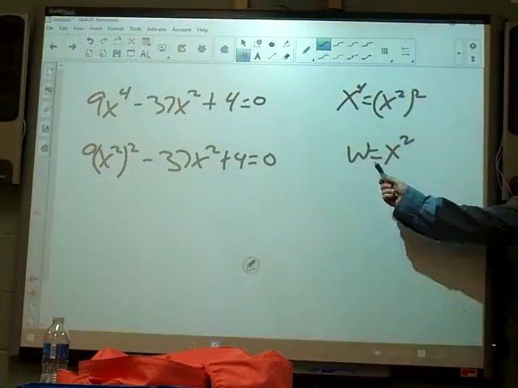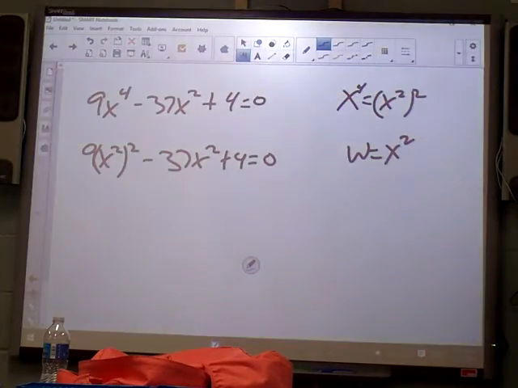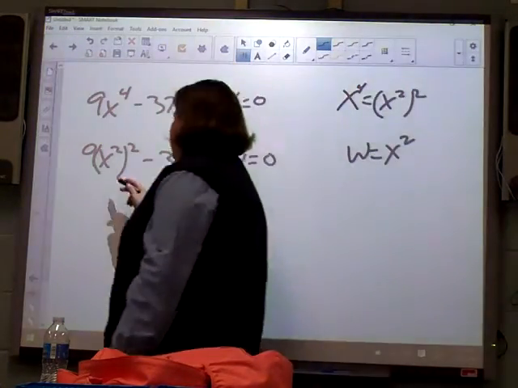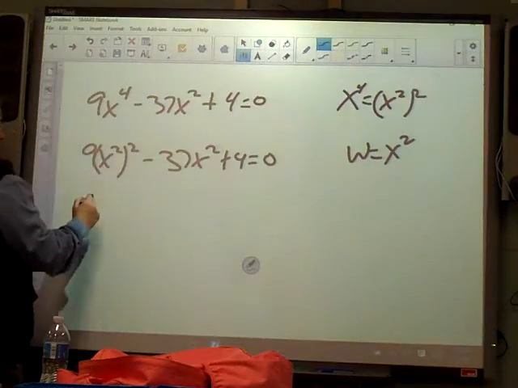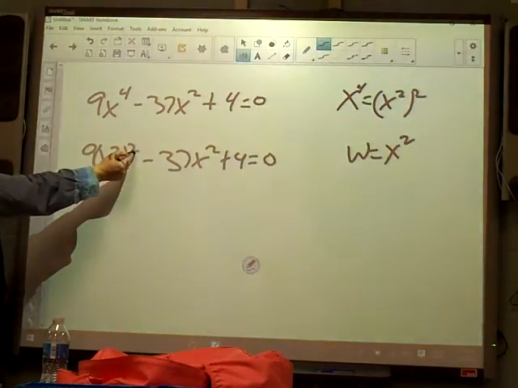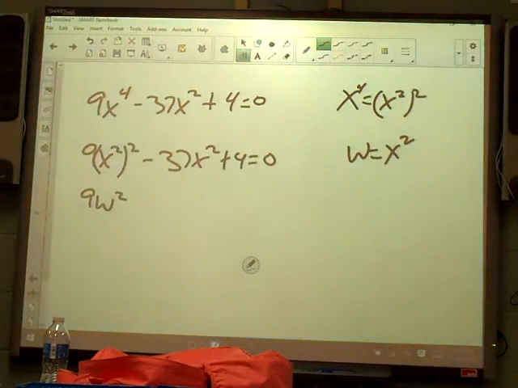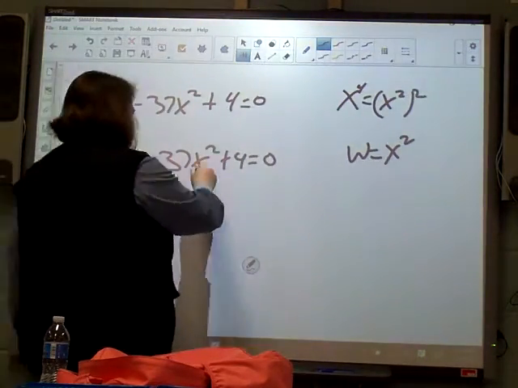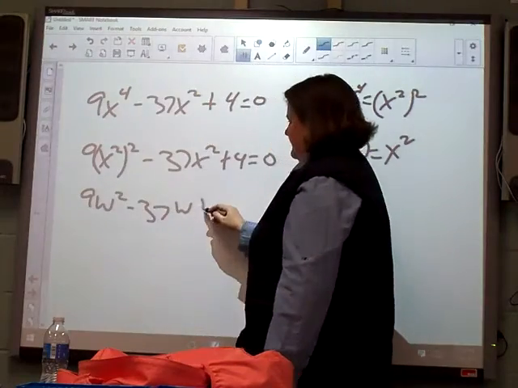So everywhere I've got an x squared, I'm going to put a W in. So this x squared becomes W, and it still had that squared out there. So minus 37, that x squared is W.